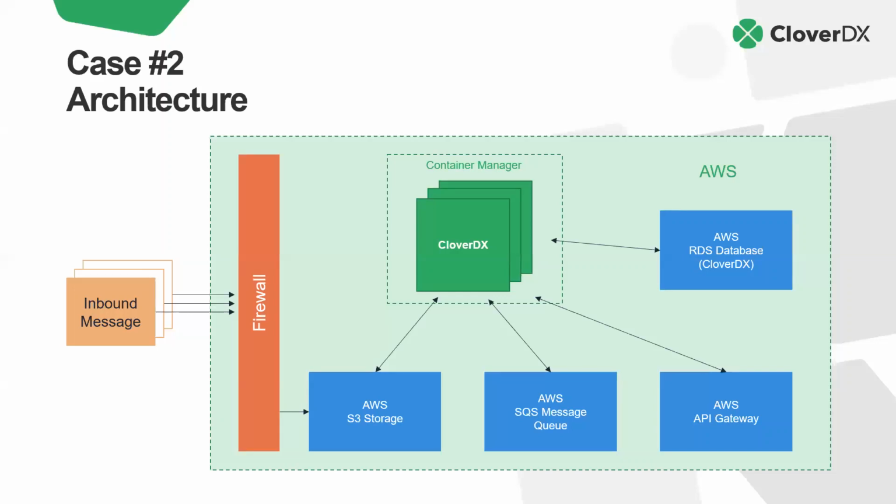This architecture is using containers for the ETL engine and event queuing. Those things combined provide really robust support for scaling. The messages that are incoming can be processed independently, so ordering is not necessary.